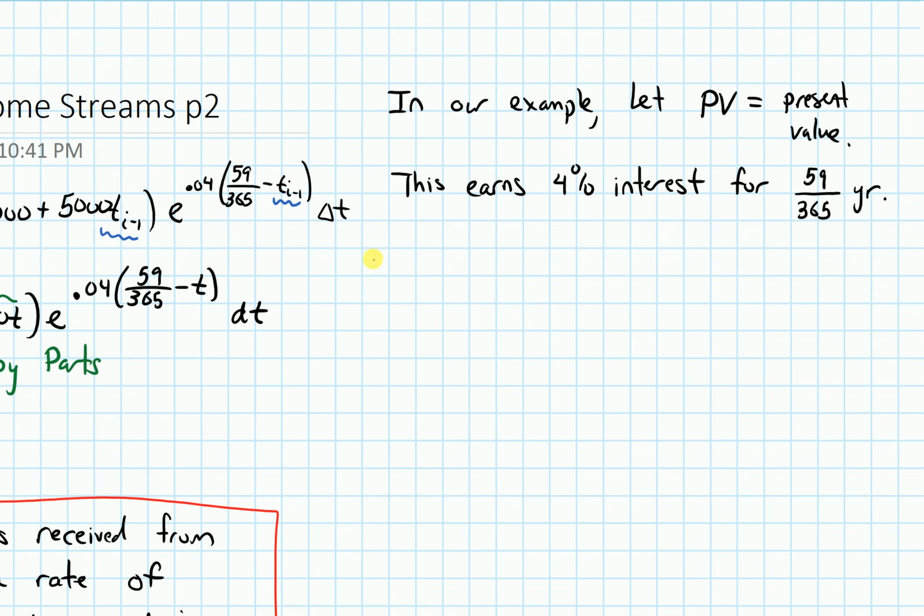Okay, so then the present value, when we multiply it by e to the rt, so we're using the Pert formula, where P is present value now. So P times e to the r times the time period, however long the time period is. This needs to be equal to the future value.